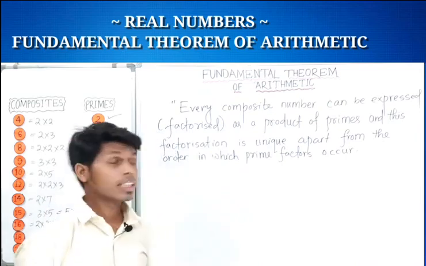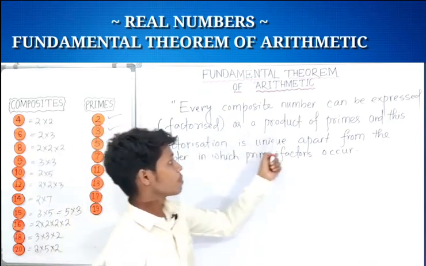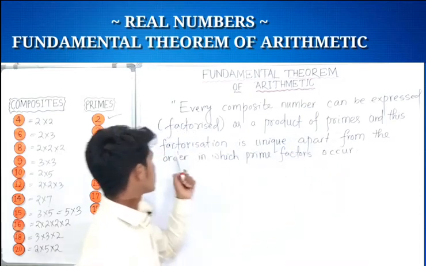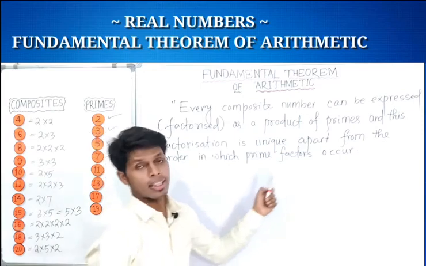Okay, so this says every composite number can be expressed or factorized as a product of primes, and this factorization is unique apart from the order in which prime factors occur.